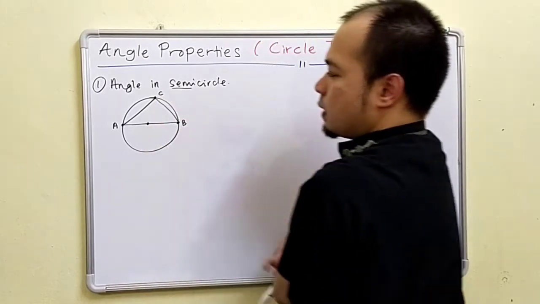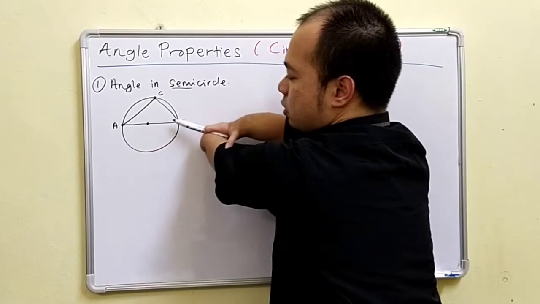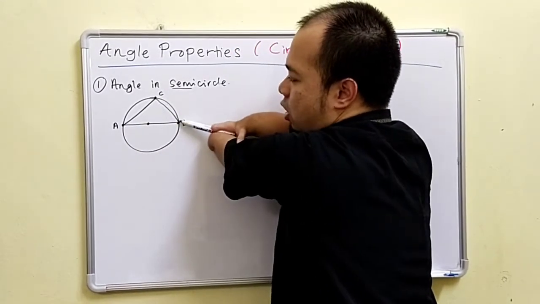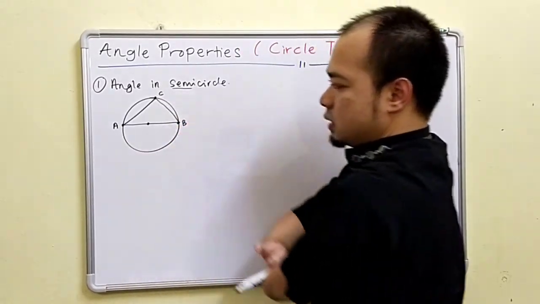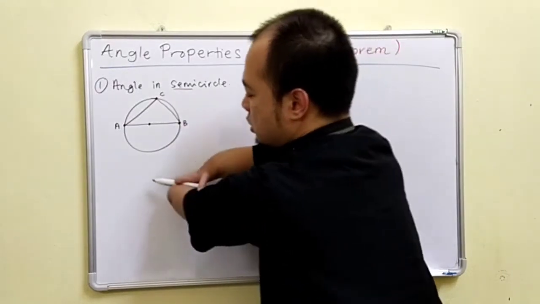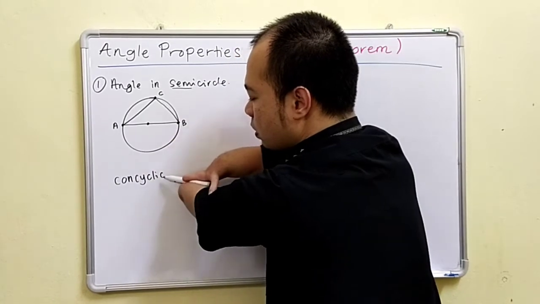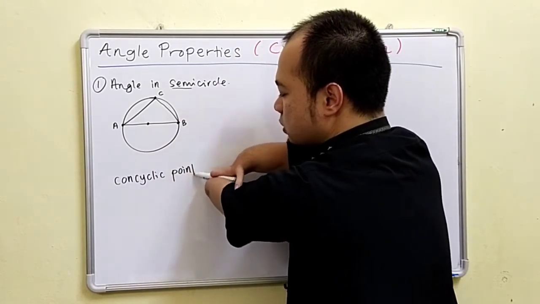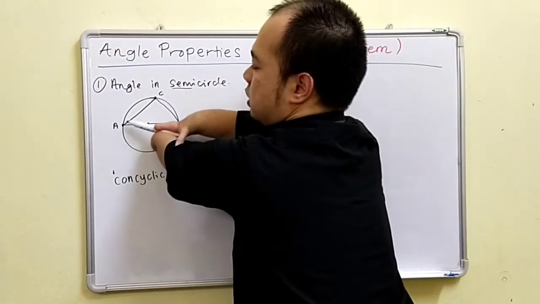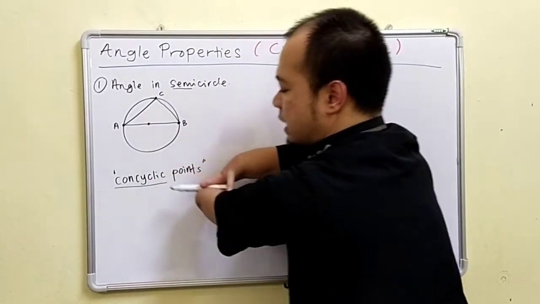This is point C. If you notice, points A, B, and C all lie on the circumference. This type of points we call concyclic points. Point A, point B, and point C lie on the circumference, so they are concyclic points.